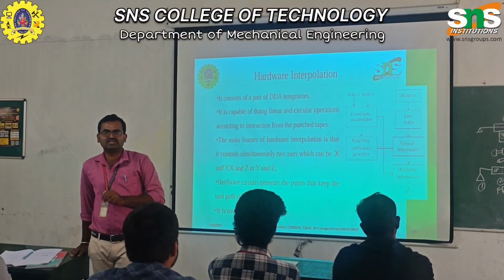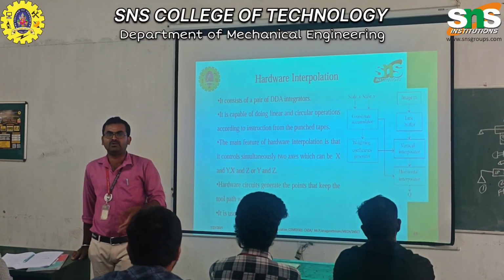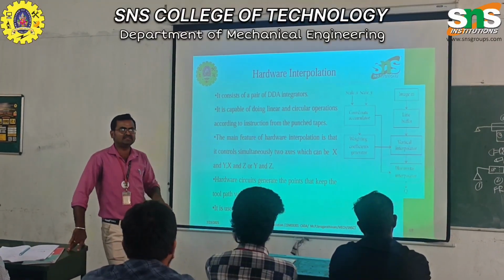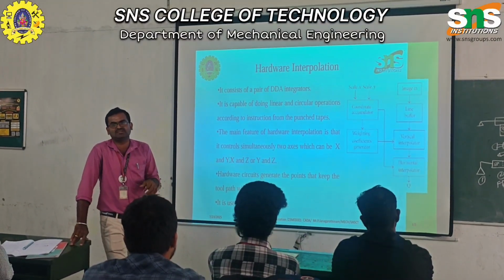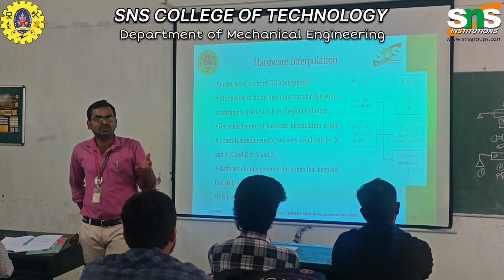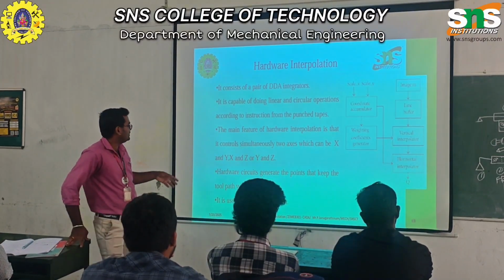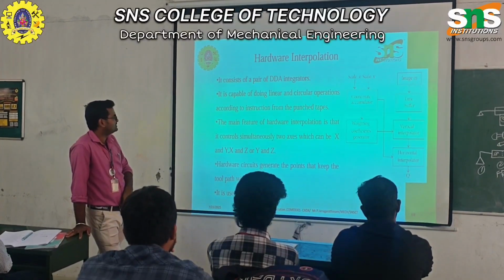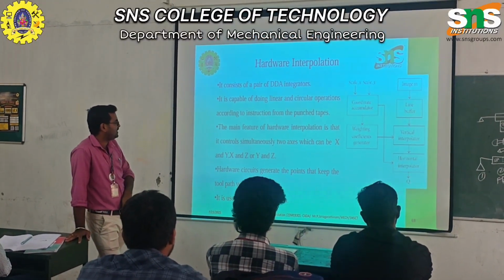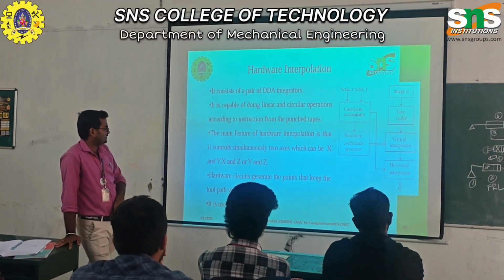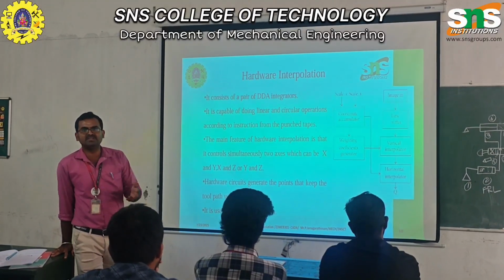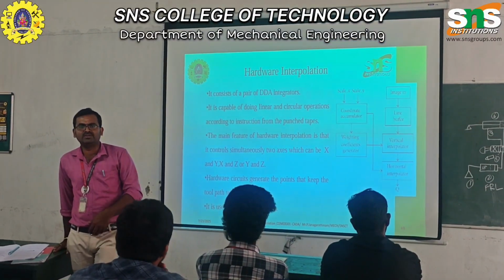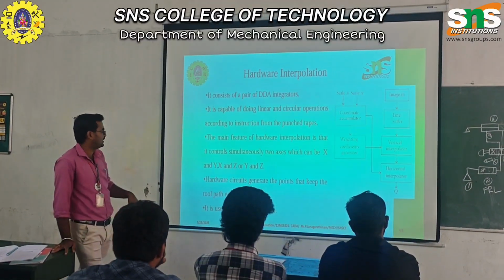In our NC, we are using the punched tape reader for giving the input. In our CNC system, computers are used to give the input signals. In DNC we also use digital computers to give the data points. The main feature of hardware interpolation is that it controls two axes simultaneously, which can be X, Y or Z, which means we have to control the direction of the tool movement or workpiece holding device. This is hardware interpolation.